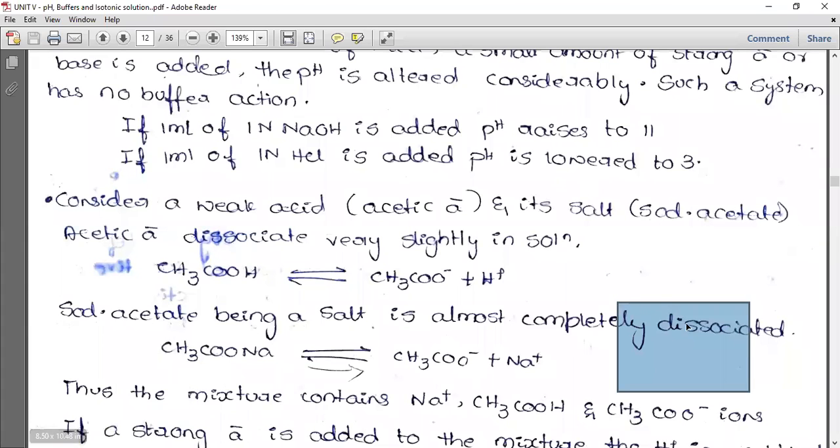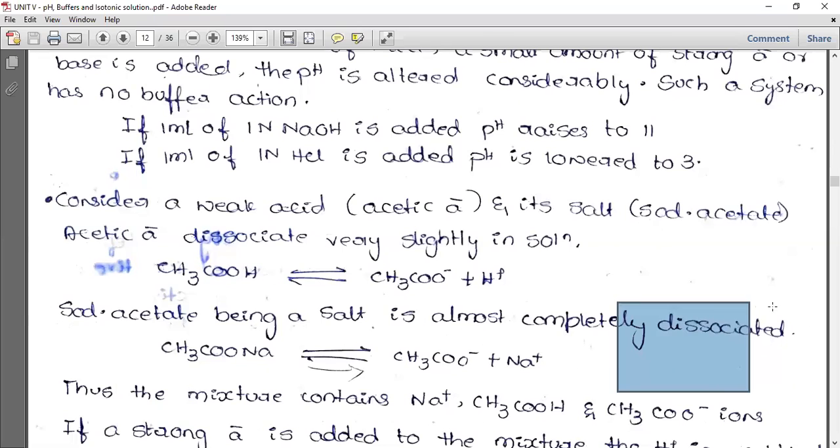Sodium acetate will not be in the beaker because it has completely dissociated to give its ions. But I'll be having acetic acid because it keeps on dissociating slowly. So you have acetic acid, acetate ion from both the reactions, H plus ion and sodium ion. Am I clear? Anybody has any doubt? Understood? Am I audible? Please answer.